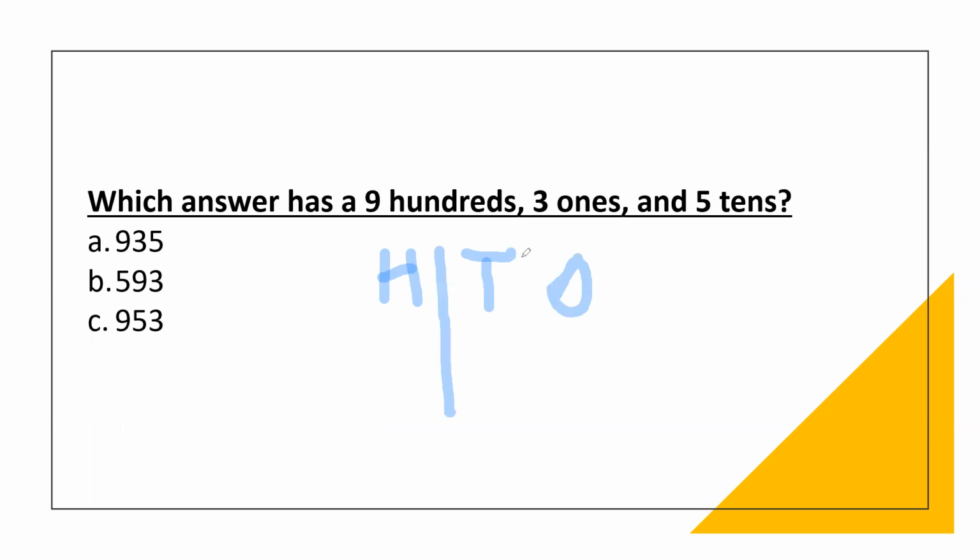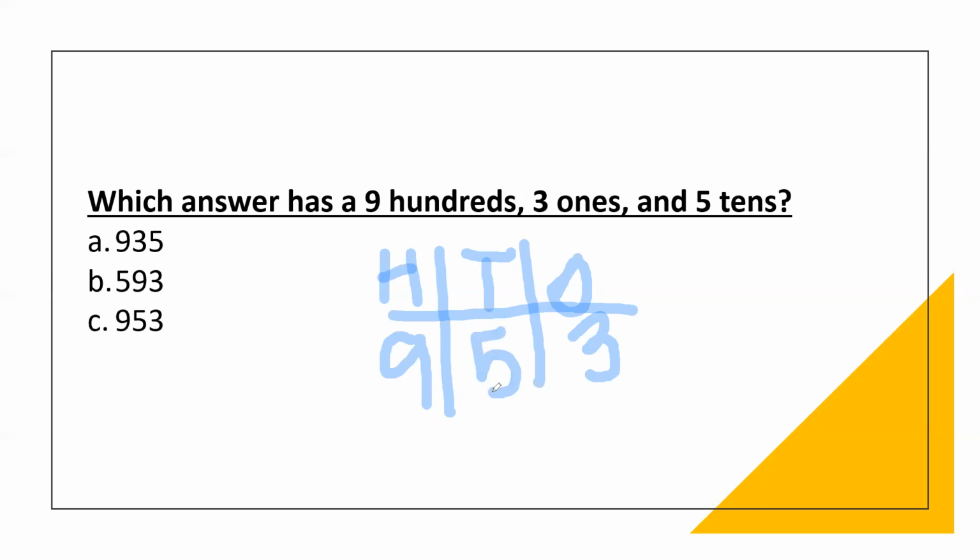Draw my lines. So we need a 9 in the hundreds place. 100 starts with the H, so it goes right there. 9 in the hundreds place. A 3 in the ones place. 1 starts with an O, so it goes right there. And a 5 in the tens place. 10 starts with the T, so it goes in the middle.